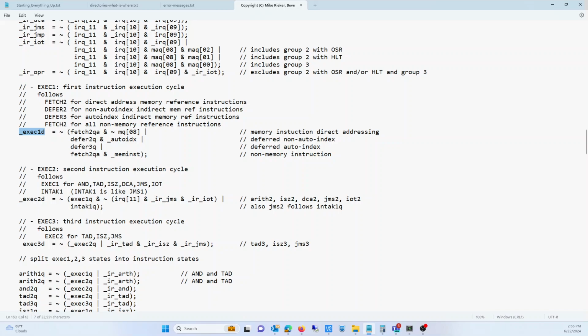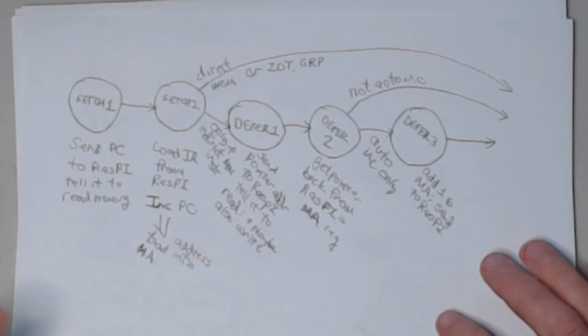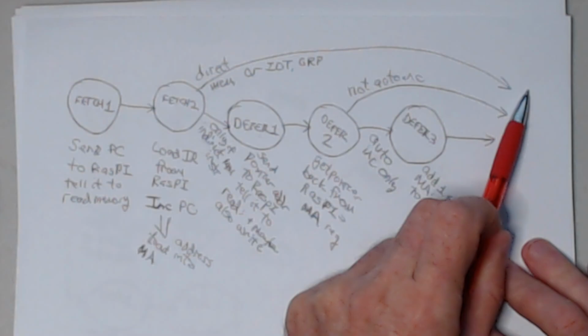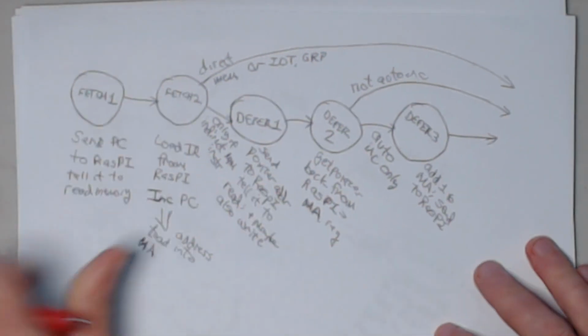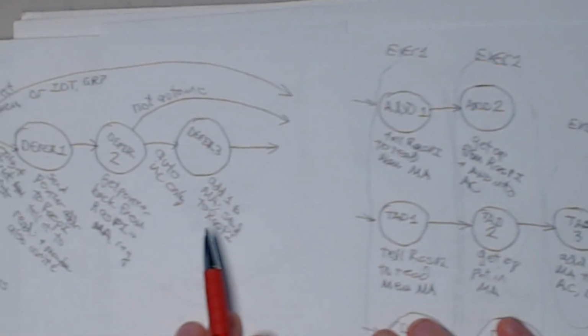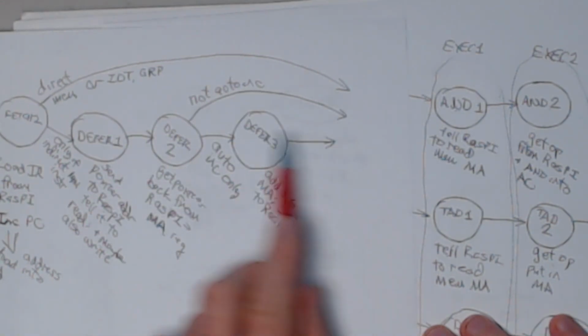So where was that on our little diagram? If you don't remember, let me see if I can get it going for you. Remember, we had all these arrows here. So here's one going from direct into these exec cycles, right? So you had these 3 different paths here, okay?